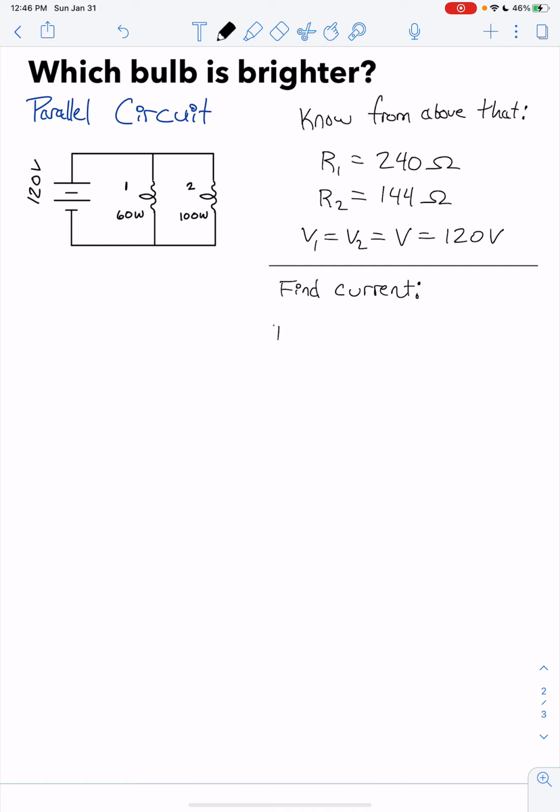So current 1 is going to be equal to our V, because V1 is equal to V2 equal to V. So just V over R1, because we know that. And so that's 120 volts over 240 ohms. And so that's 0.5 amps.